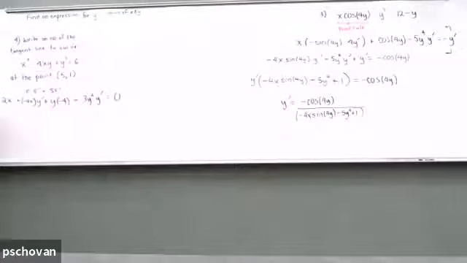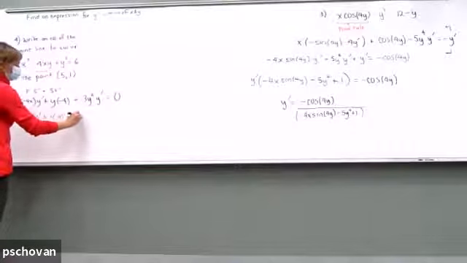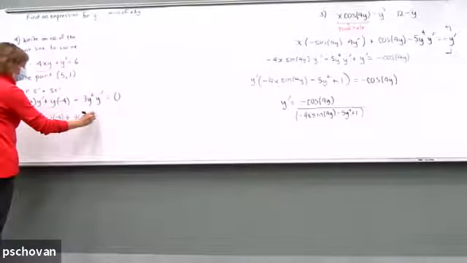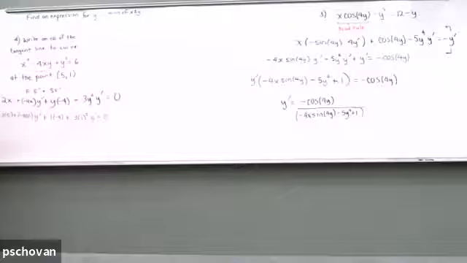So X is 5, I get 2 times 5 plus a negative 4 times 5 times Y prime. Y itself is 1. So 1 times negative 4 plus 3 times 1 squared times Y prime is equal to 0.